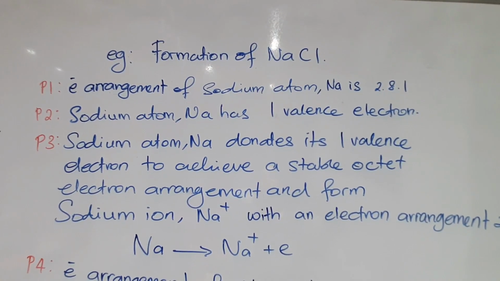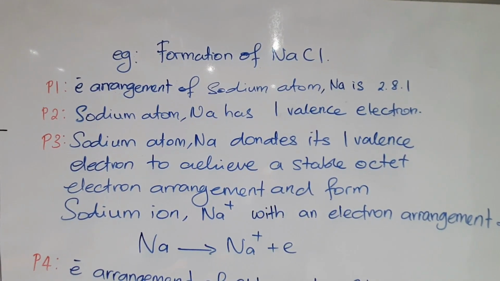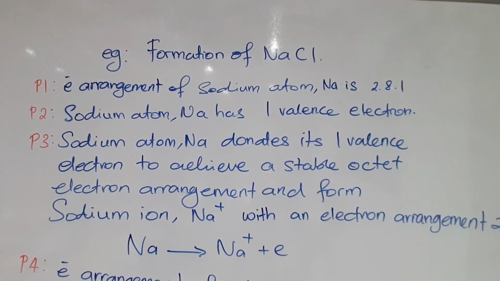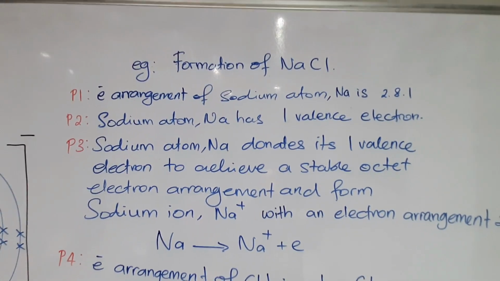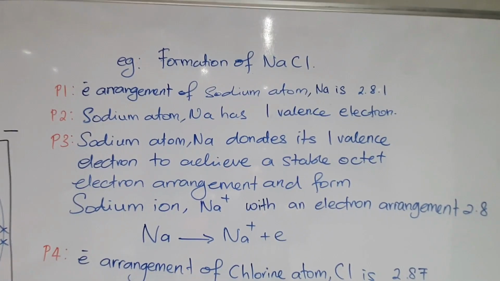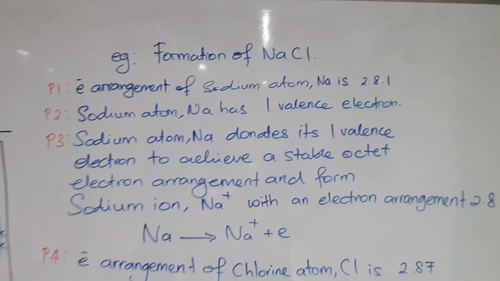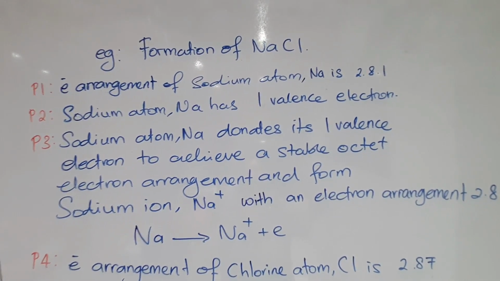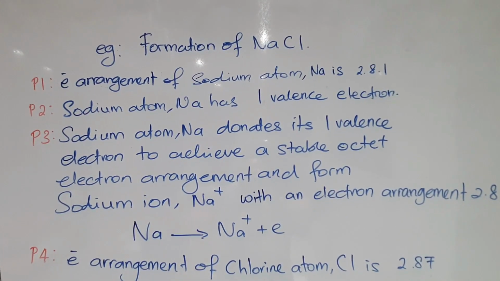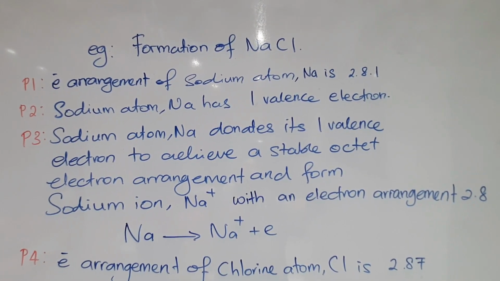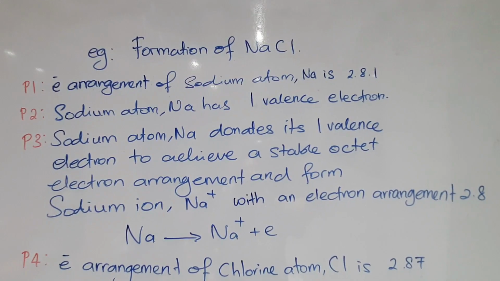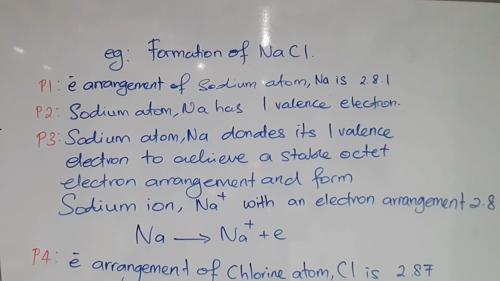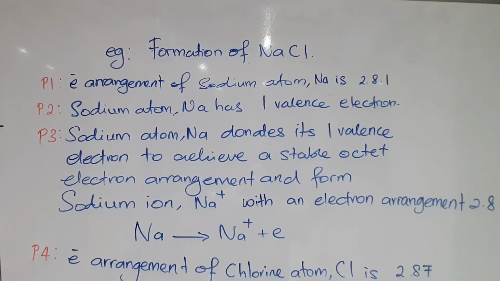Okay, now let's look at how to write an essay on formation of ionic compound. Over here I've given you guidance with points for you to write the ionic compound formation. For any ionic compound formation, you have to start the story from the metal element. Here the metal element is sodium, so your point 1 will be the electron arrangement of sodium atom is 2,8,1.